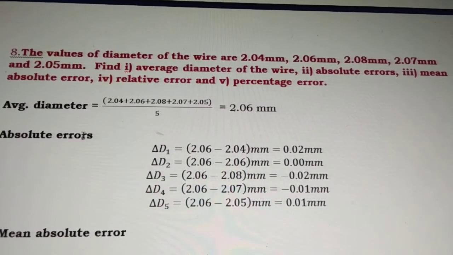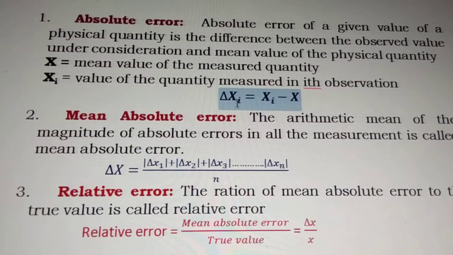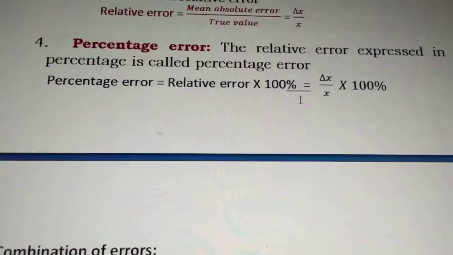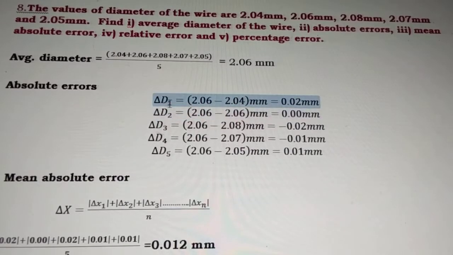What is an absolute error? Absolute error is nothing but delta x1 and so on, with this average diameter. Please see the formula here. Delta x1 is xi, the value of the quantity measured in the ith observation, minus x. Therefore you will get delta x1, delta x2, which I just mention as d1, d2, d3, d4, d5 like that.